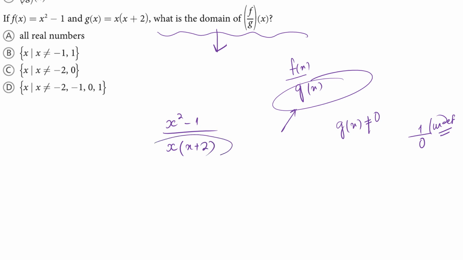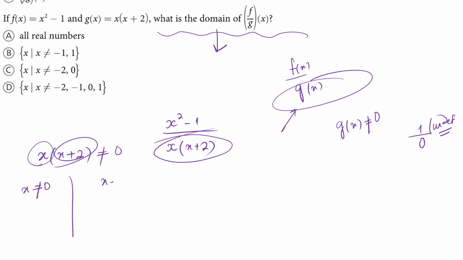Now write the denominator, make it not equal to 0. So x bracket x plus 2 not equal to 0. Write down the first factor not equal to 0 one time. Write down the second factor not equal to 0 second time. So bring the 2 here, solve for x, x not equal to negative 2.